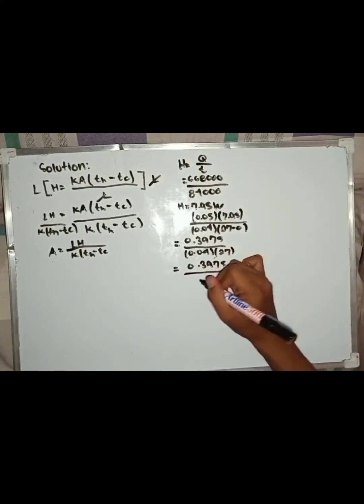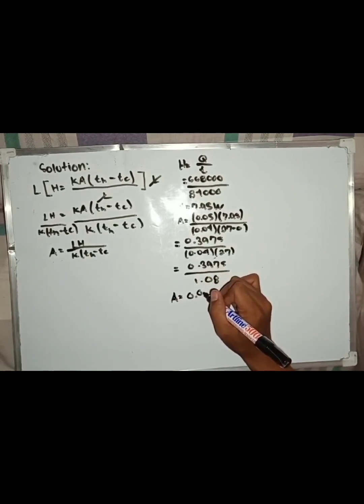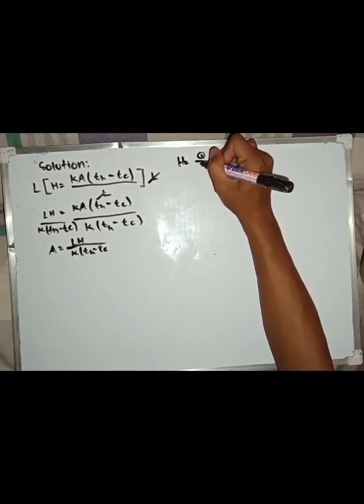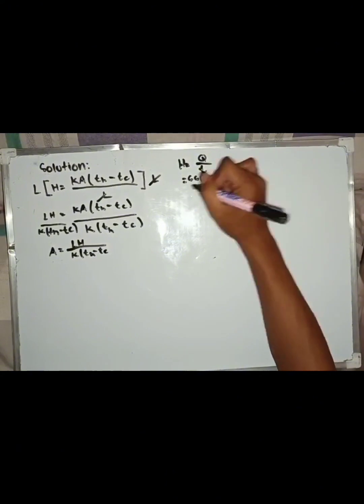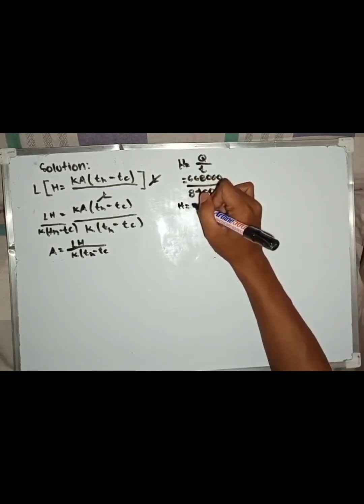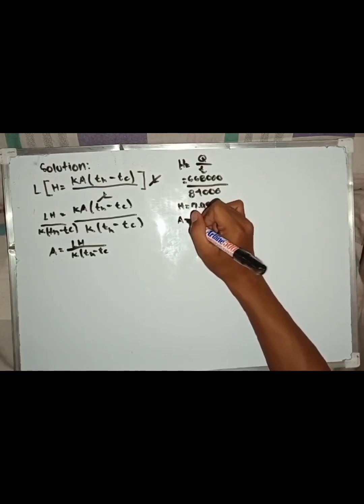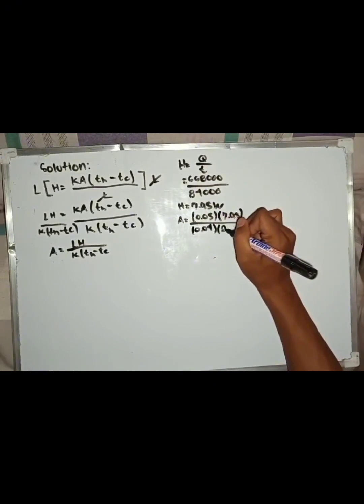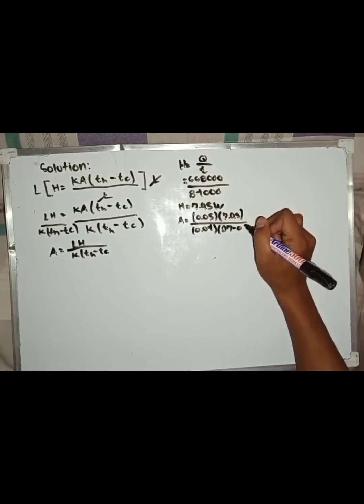Going back to the formula for area to get our final answer, let's substitute this H. So A is equal to the thickness, 0.05 meter, times the heat current, 7.95 watts, all over our thermal conductivity K, which is equal to 0.04, times the temperature difference: the temperature of the hot side, 27 degrees Celsius, minus the temperature at the cold side, 0 degrees Celsius.